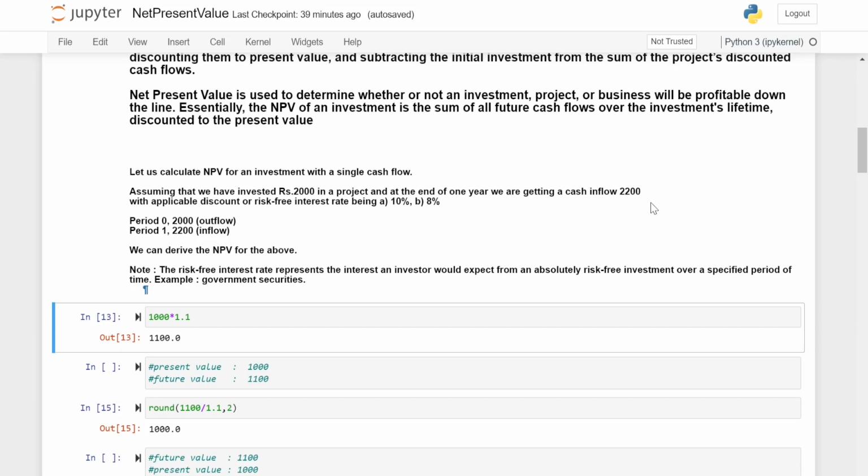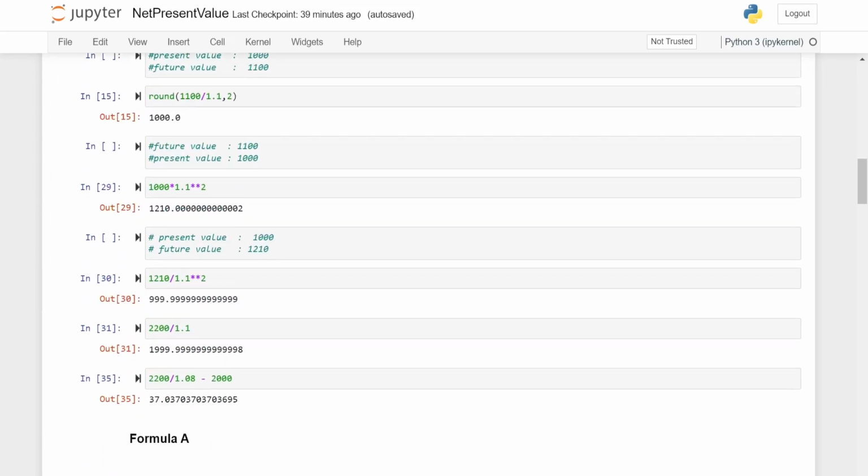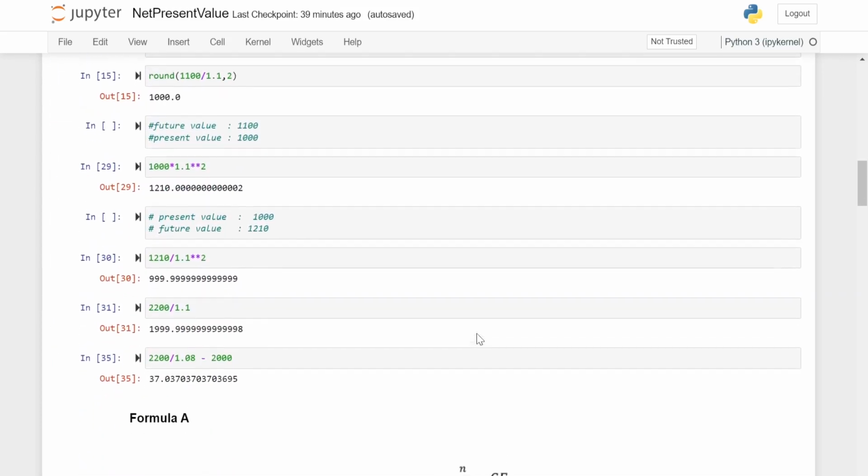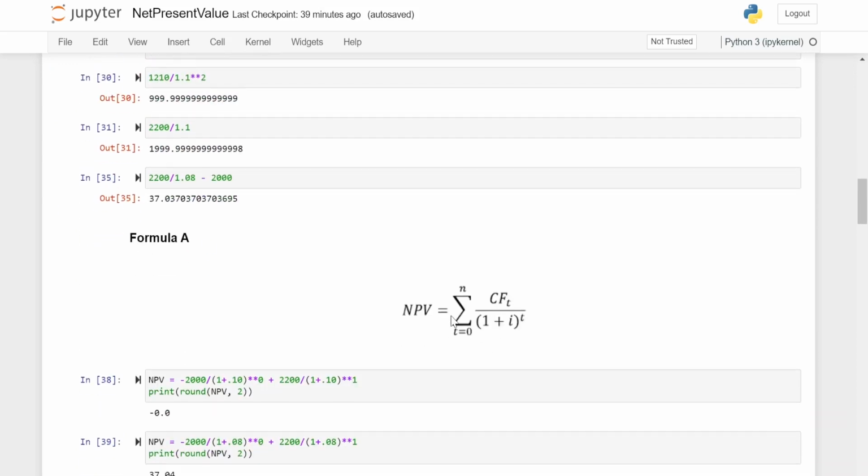But let us do the calculation in a formal way. Now, what we can do is we can use this formula and calculate how we are going to derive net present value.